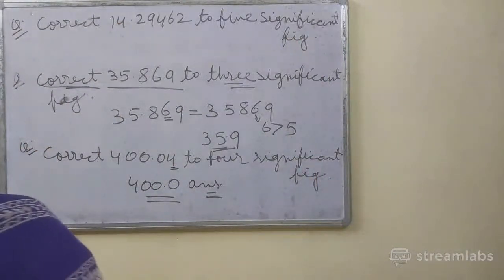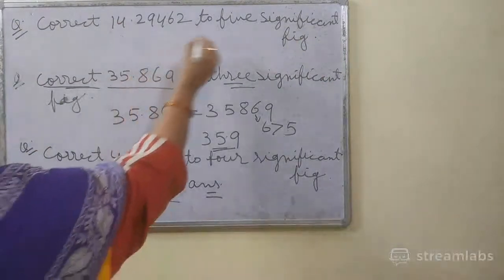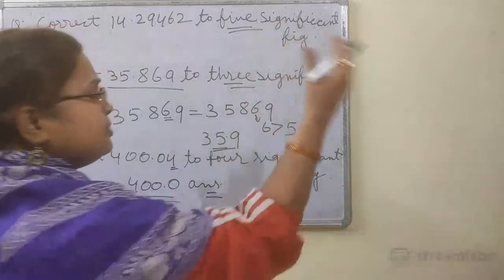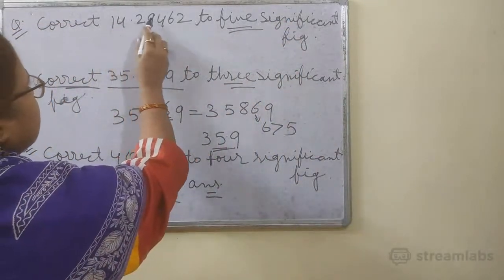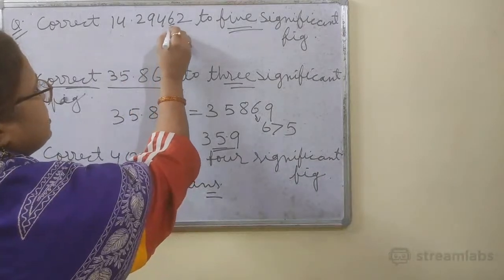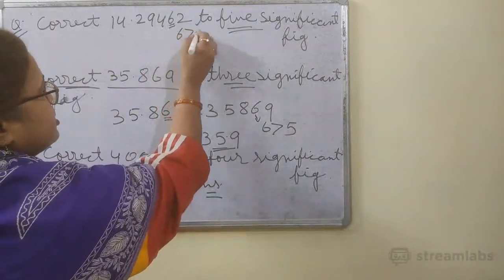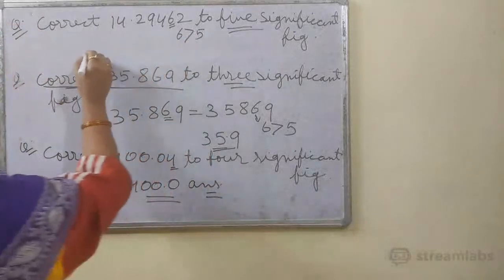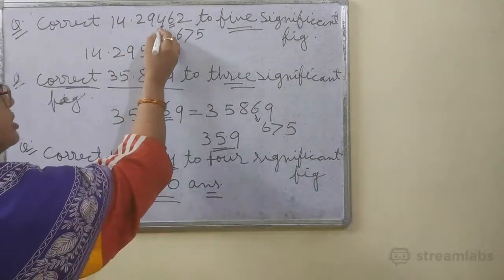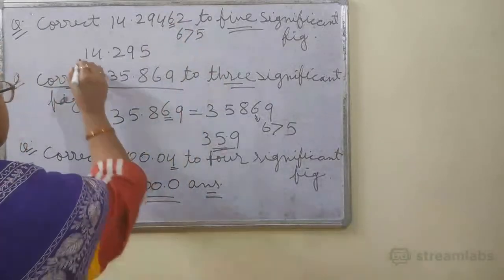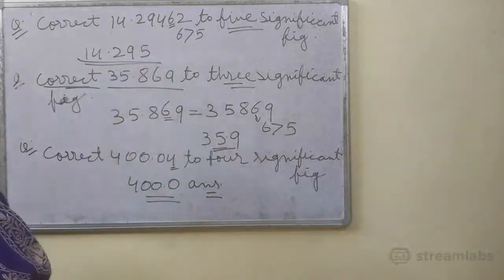Okay. So how will we do this one? 5 significant figures means we will see which one? The sixth one. Which one is the sixth number? 1, 2, 3, 4, 5, 6. This one is the sixth number, and this is greater than 5. So your answer will be what? 14.295. Means this number will increase by 1, and this will be your answer.